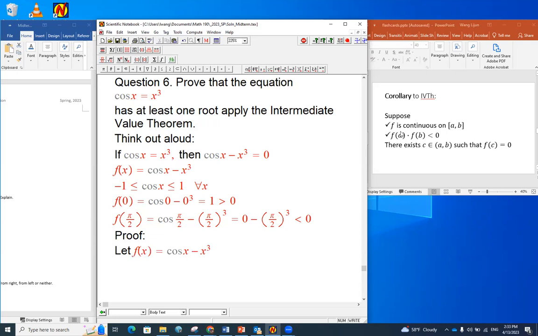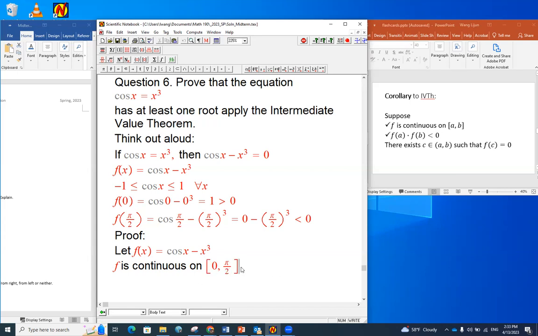And then you're going to quote the theorem. You're going to tell the reader f is continuous. Continuous on what? You have to indicate it's continuous on a closed interval, because otherwise the intermediate value theorem does not apply.